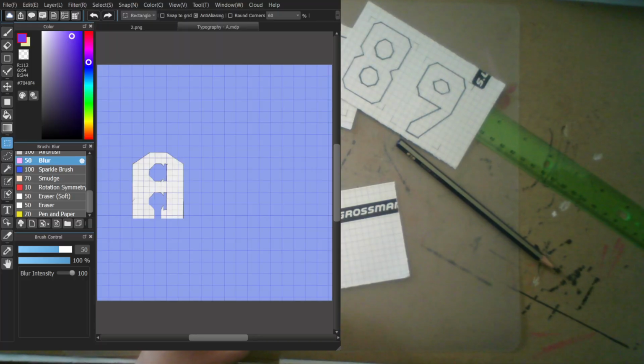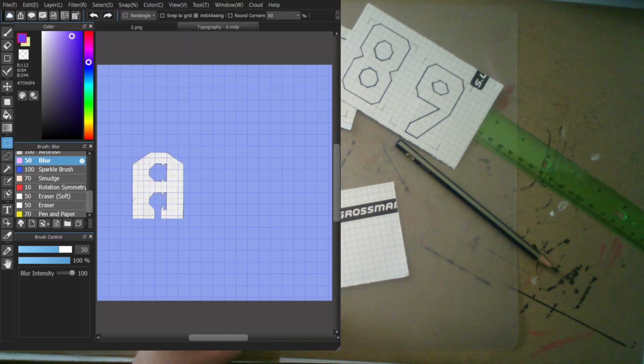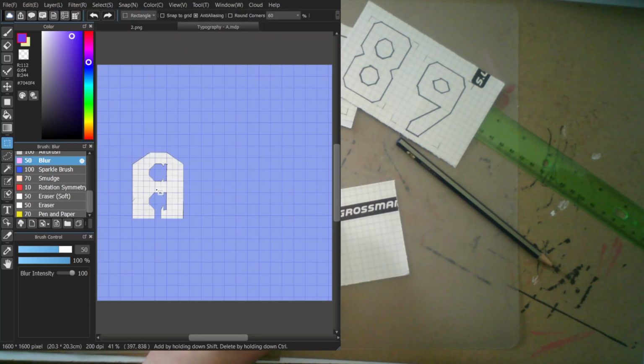So that's my version of A. So my attempt was to try to get the outer A as the uppercase, and then the inner cutouts are lowercase a's.